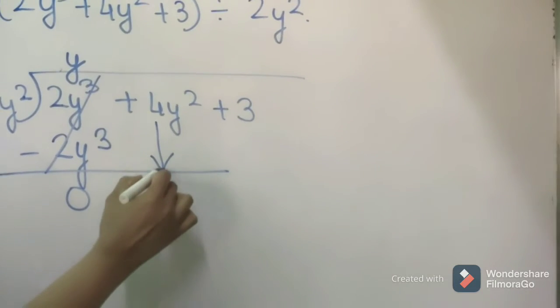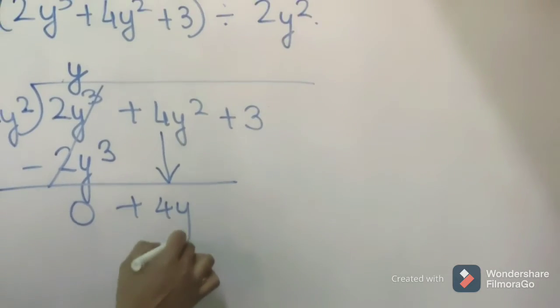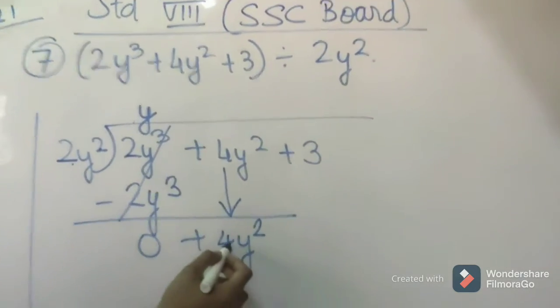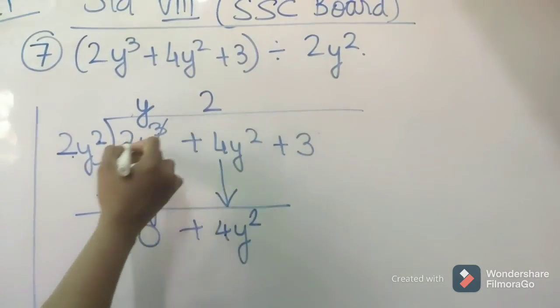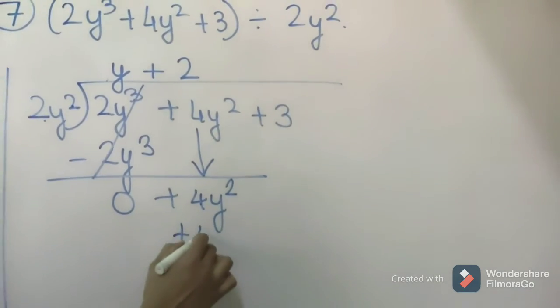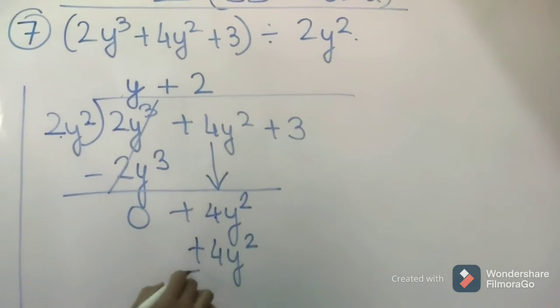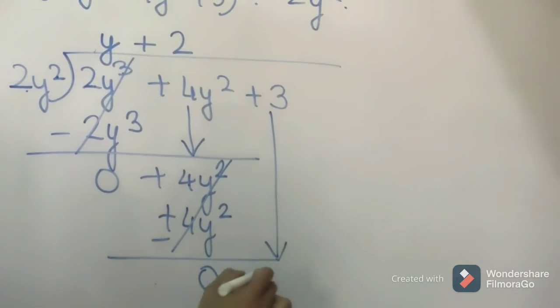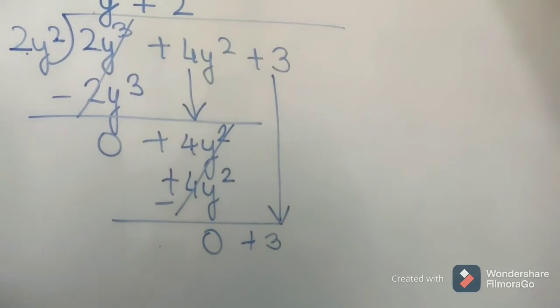The next term comes down, that is 4y square. Again in 2's table 4 goes 2 times and square cancels, there is a plus sign in between, so I write 4y square, change the sign, this gets cancelled, becomes 0, and plus 3 comes down.